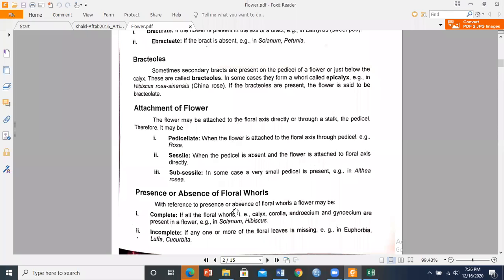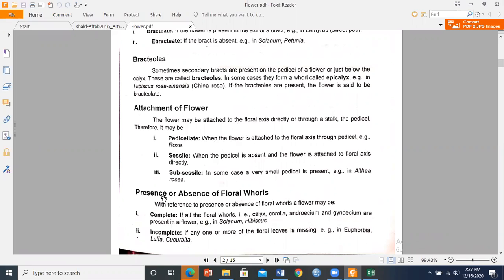On the basis of the floral whorls. And what are floral whorls? Sepals, petals, stamens, carpels. In terms of botany, they are called calyx, corolla, androecium, and gynoecium, and they are synonyms of sepals, petals, stamens, and carpels.